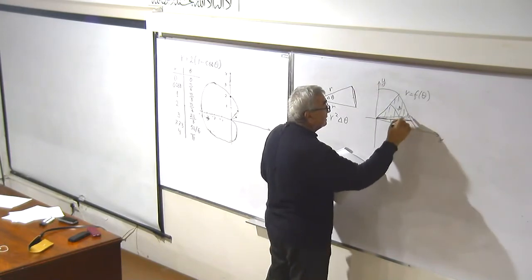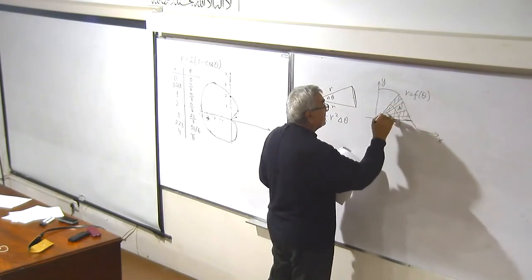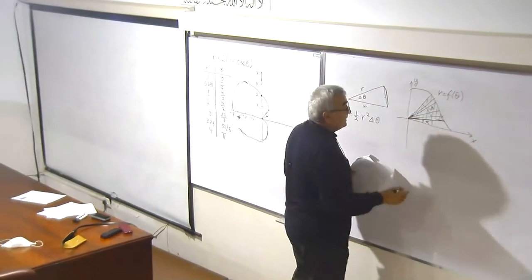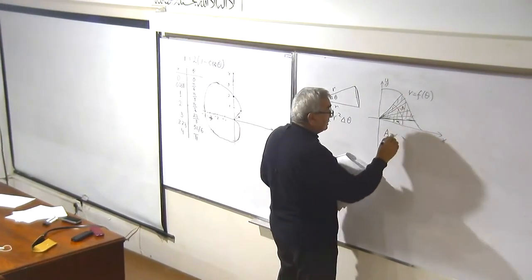That means that I made like this, like this, like this, and so on. That means that should be a lot. That means that in this case, the total area is approximately possible to decide.